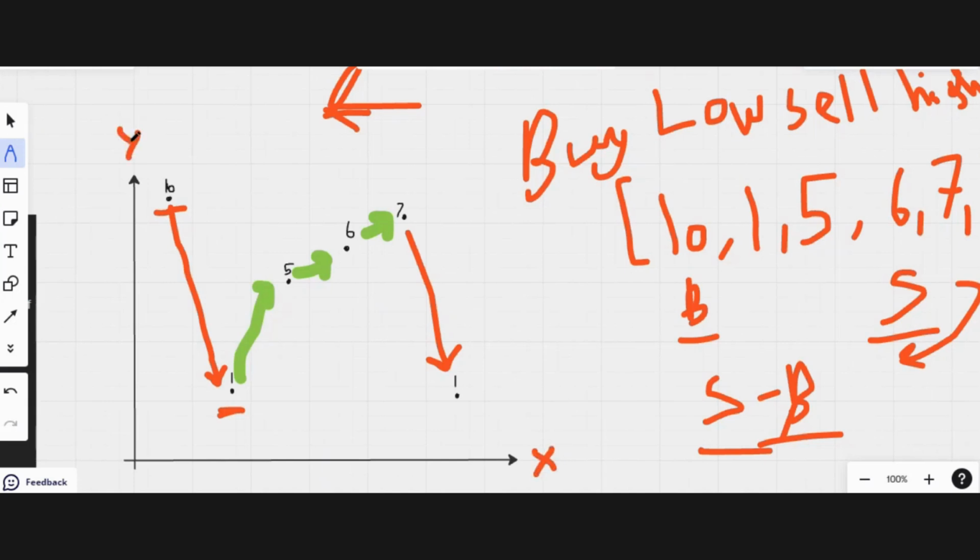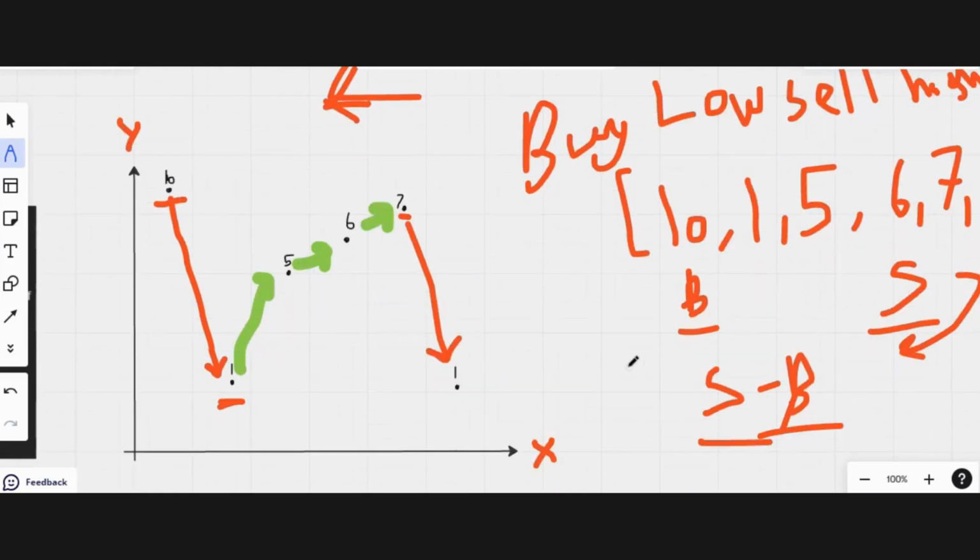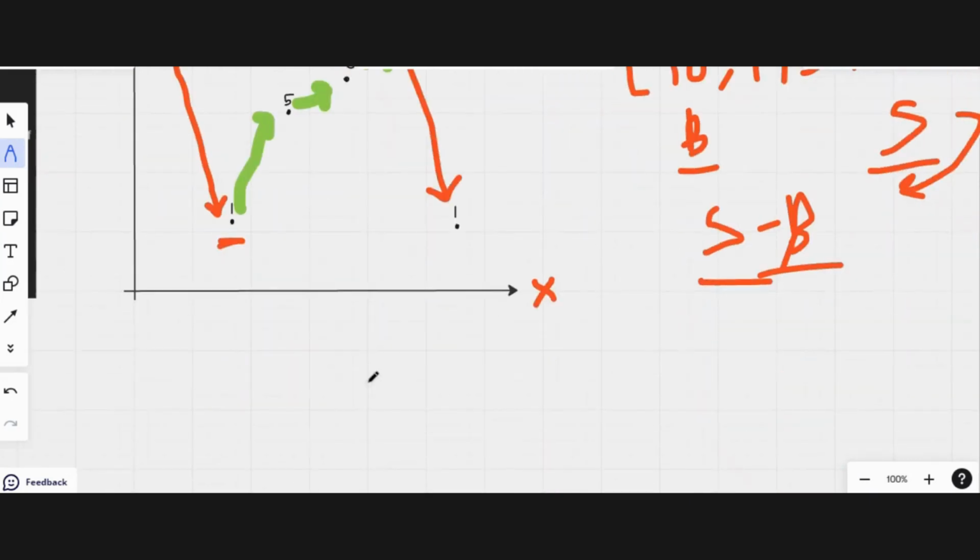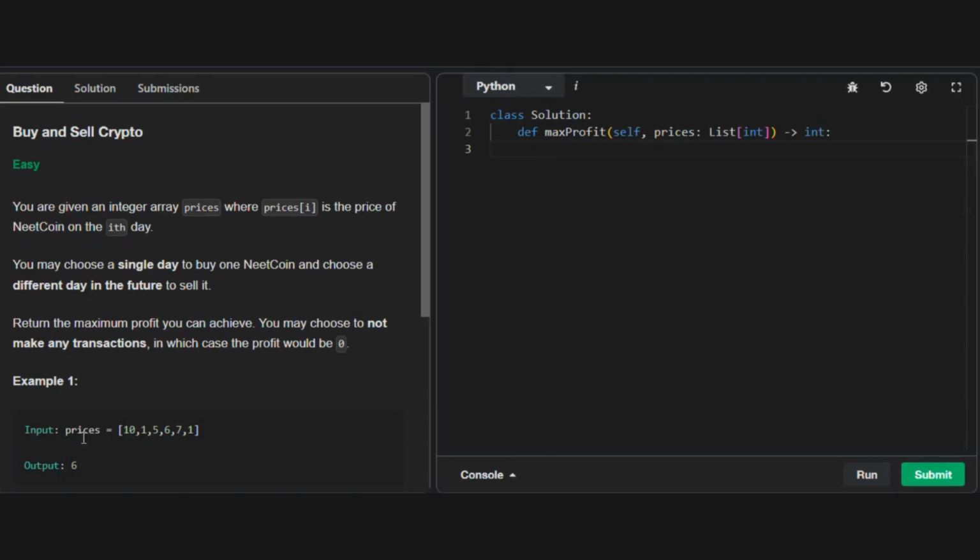So we need to find the highest price after 1, which seems to be 7 here. Our profit would be 7 minus 1. That is the answer for this first input array.